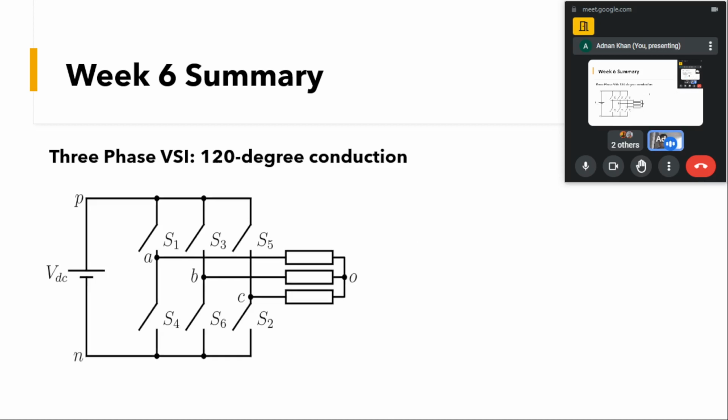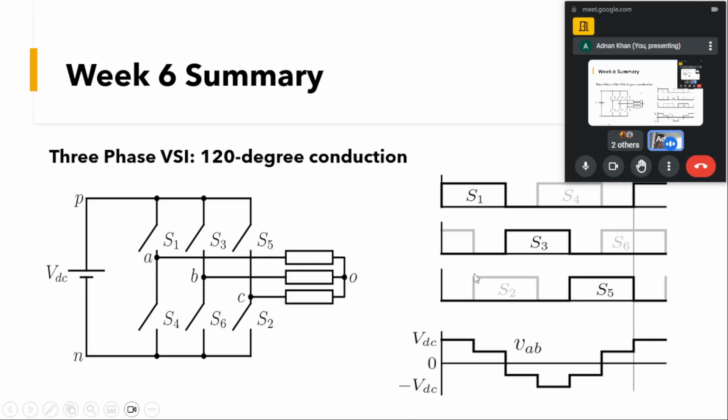Moving forward, we have the 120 degree conduction mode. As the title says, it is a 120 degree conduction. Each of the devices will conduct for 120 degrees here.